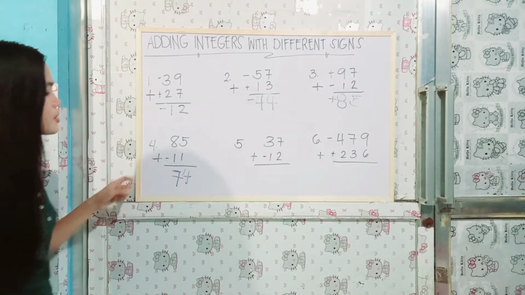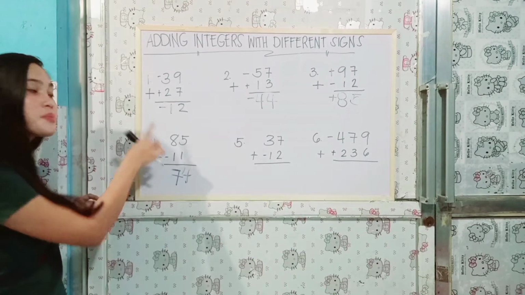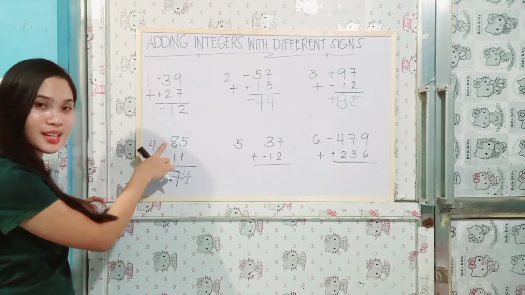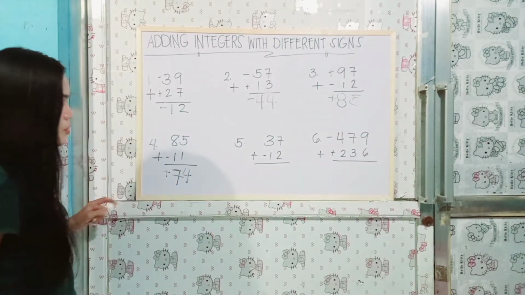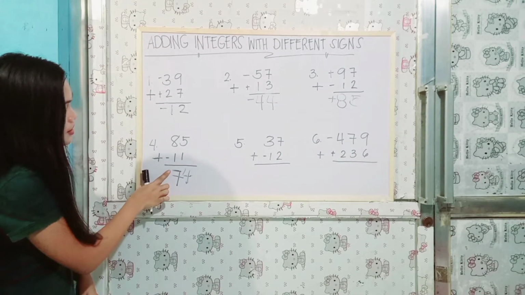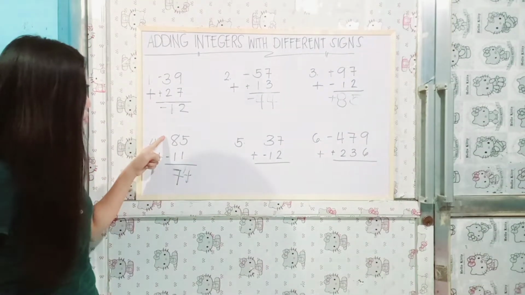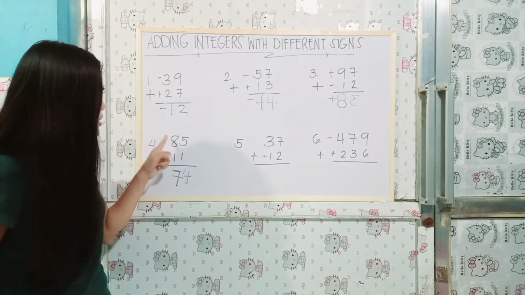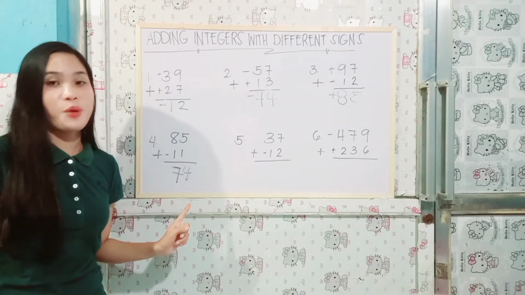And then let's look at our addends. So 85 has the greater absolute value, which is positive. So we will copy its sign, which is positive. Or it's okay that there is no more positive sign there. It's understood that it is positive. So 85 plus negative 11 is equal to 74.